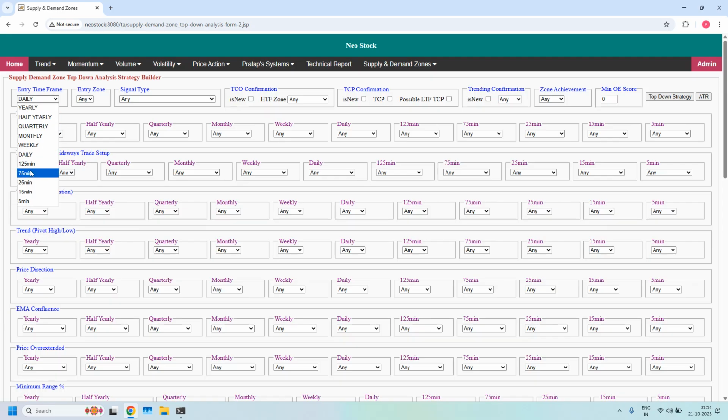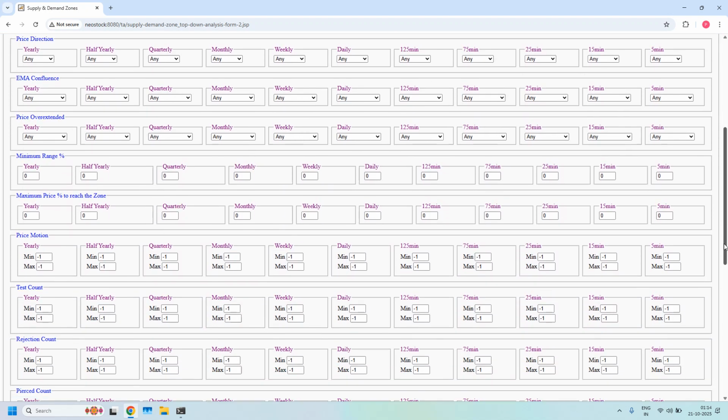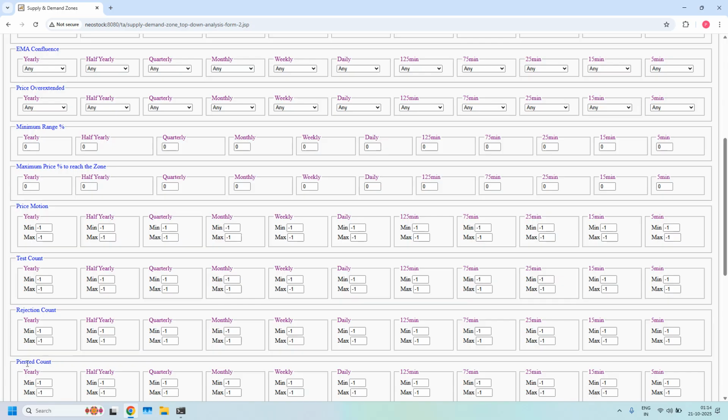Entry time frame 75 minutes. Entry zone demand zone for sideways trade setup at 75 minutes, sideways long. Zone achievement VOZ, minimum order hands score 11, and 75 minutes demand zone should not be pierced. So pierced count at 75 minutes time frame, minimum value 0, maximum value 0.